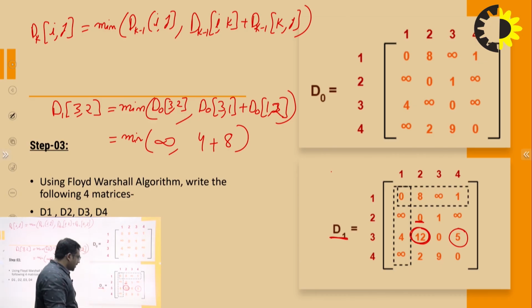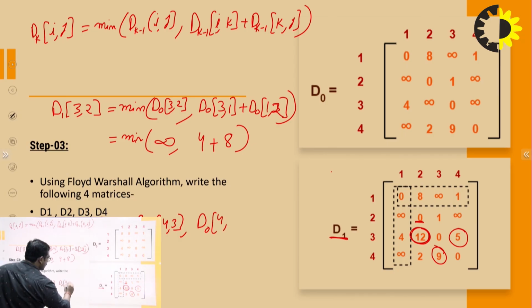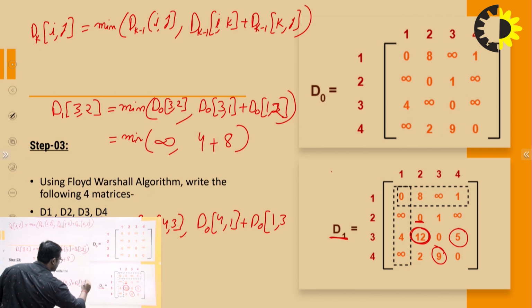So I can just take one more. Suppose this one is D1 4 3, which is equal to minimum of D0 4 3, comma, D0 4 1 plus D0 1 3.